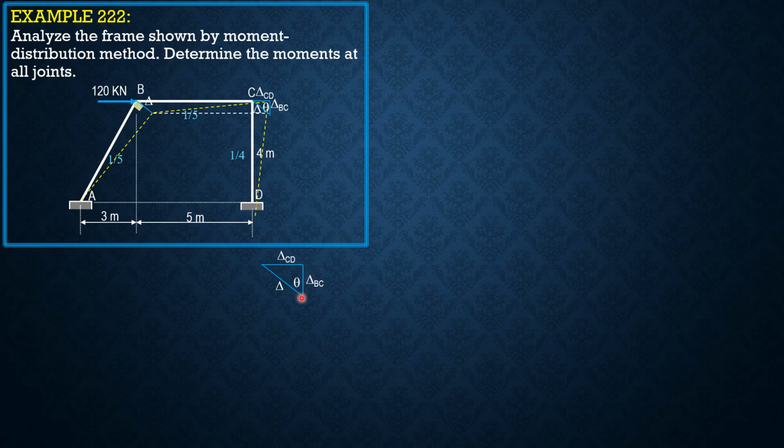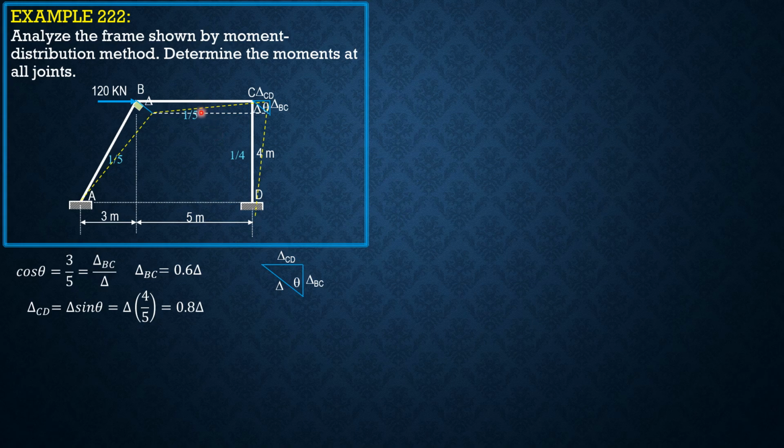So therefore, delta BC is delta cosine of theta, and cosine theta is 3 over 5. And it is equal to delta BC over 5 over delta. So delta BC is 0.6 of delta, while delta CD is delta sine of theta, and sine theta is 4/5, so 0.8 of delta.